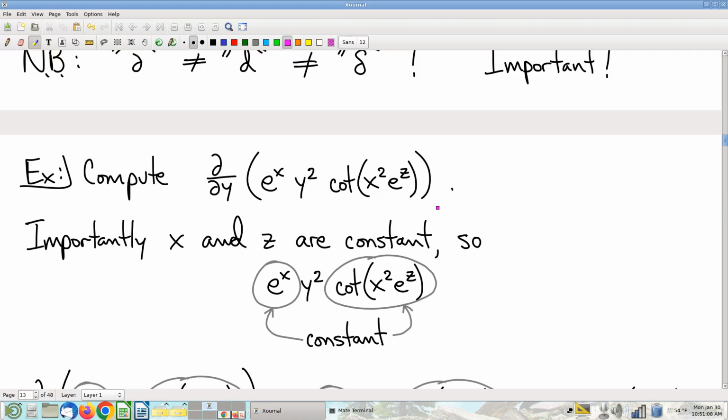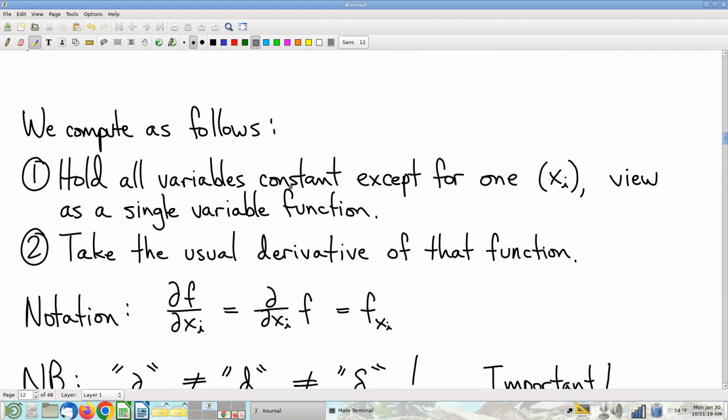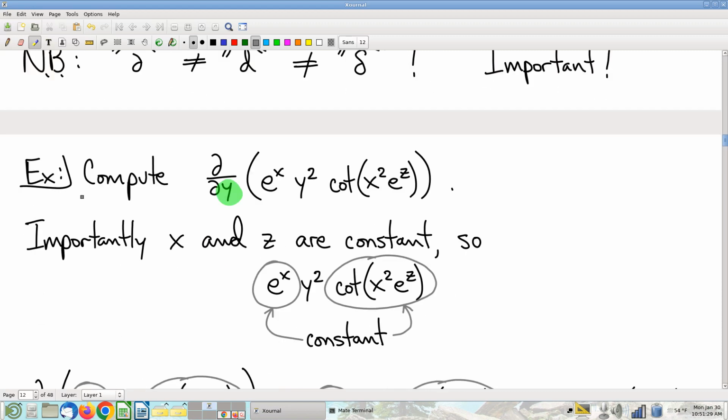But remember, now we are taking a partial derivative, and it says right here, partial derivative with respect to y. That means y is our variable, and in partial derivatives, all the other variables are to be viewed and treated as constants. So x and z are constants.